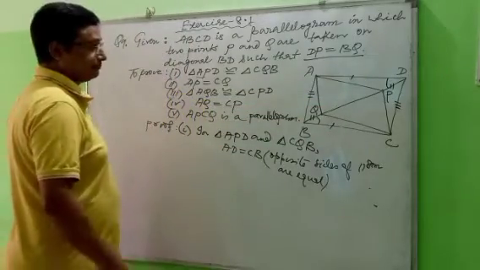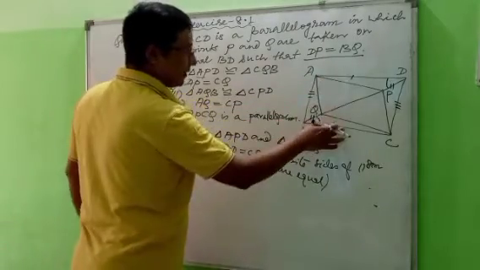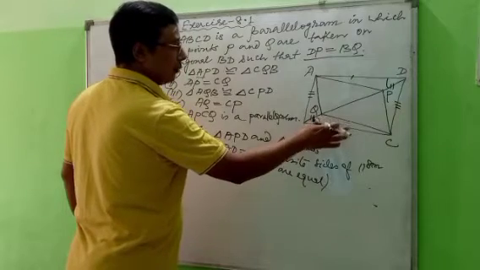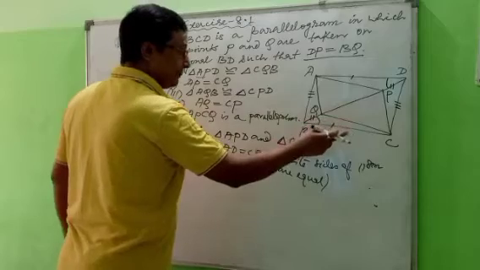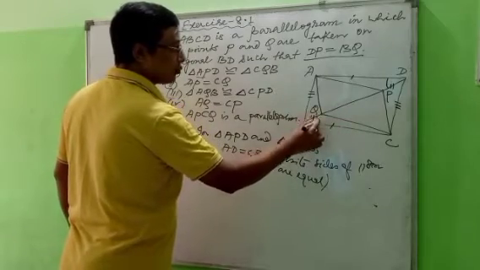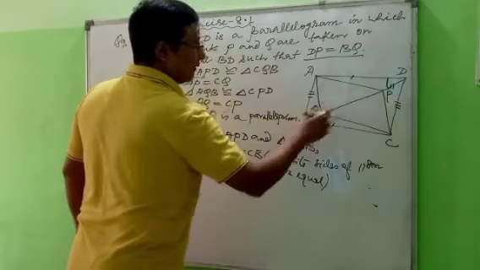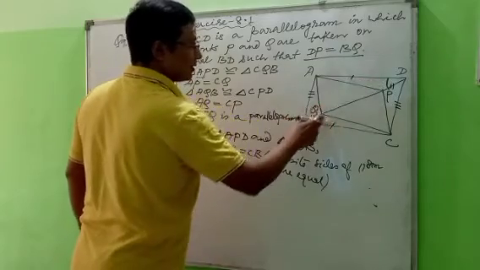Next, since the figure is a parallelogram, the opposite pair of sides are parallel. Here BC is parallel to AD, that is why you will get these two angles equal. They form a pair of alternate angles.